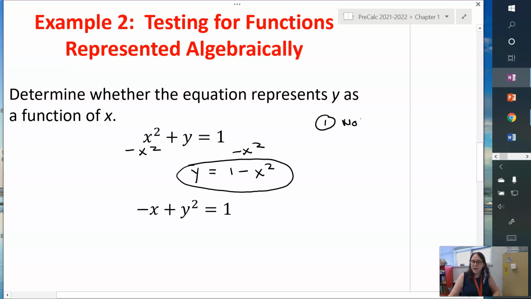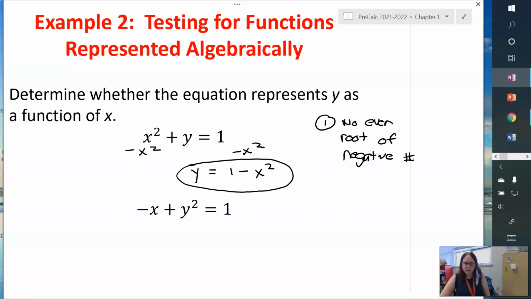Do not take an even root of a negative number. So now take a look at our 1 minus x squared. Do I have an even root going on here? The answer is no, I don't. So this one is a function.